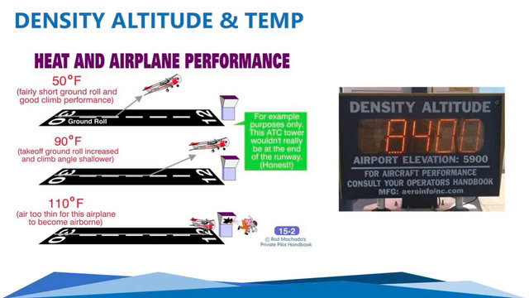Even on a hot day, like when it was 118 degrees here the other day, our density altitude was calculated to be somewhere around 4,400 feet. That is pretty remarkable, going from what would normally be a very easy takeoff at sea level to now everything being fairly sluggish because of the significant temperature increase.